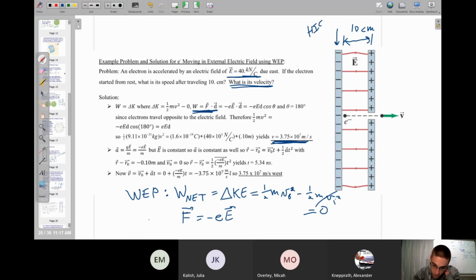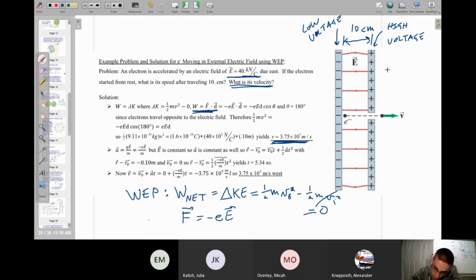This would be a low voltage. Another way of saying it is a low electric potential. And this would be a high voltage, or a high electric potential. And then you could use energy considerations to talk about why this thing accelerates.